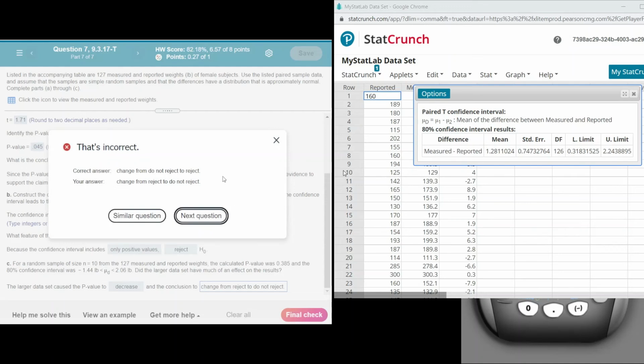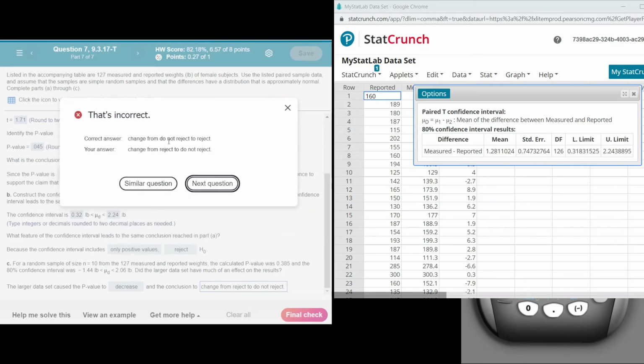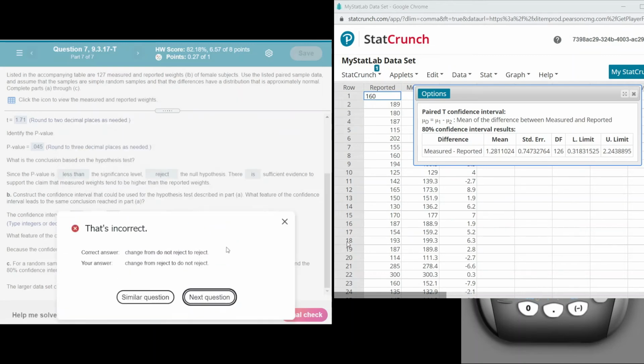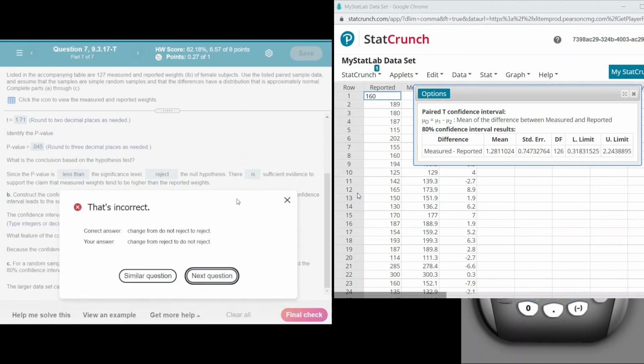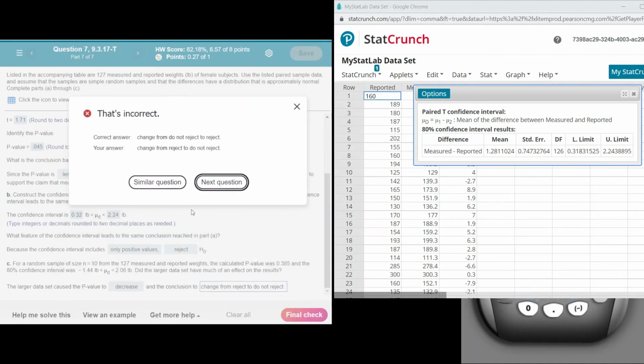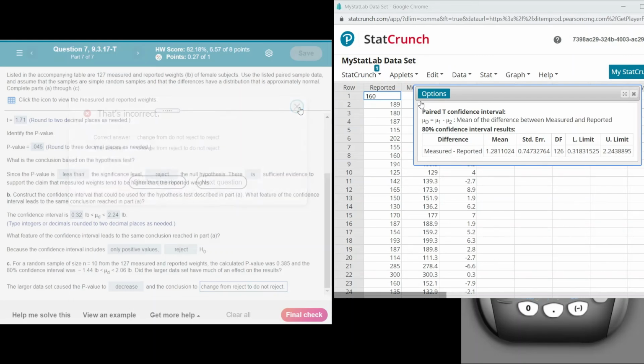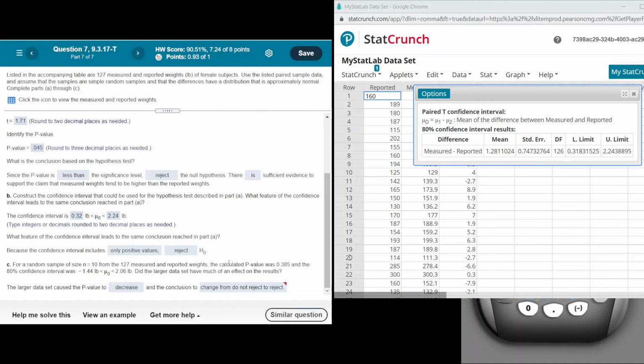Sorry. Okay, so let's see. The correct answer is changed from do not reject to reject. Huh? Didn't we have reject here? And this is the crap I'm talking about. I'm going to go back and fix this one. Learn from, I guess, my mistake, even though I call shenanigans on this. Why?